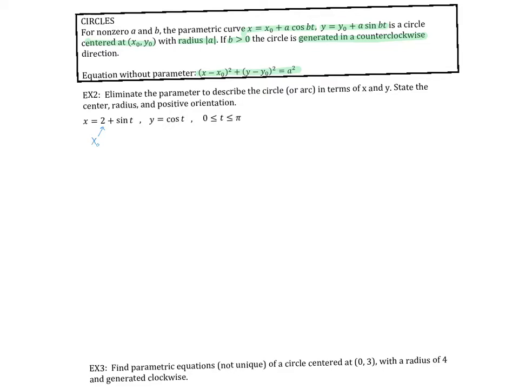And I have no y sub 0, so here the y sub 0 is just 0, which means our center is the point (2, 0). Again, you can always graph this just to verify. Also notice that the coefficient on t is 1. So that also means that my b value is equal to 1.